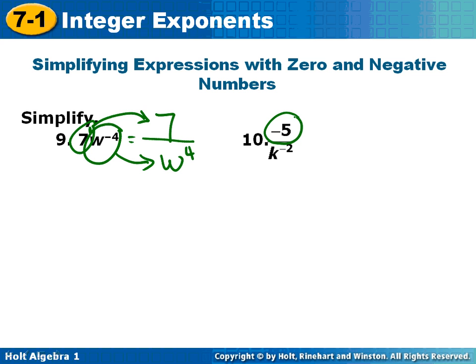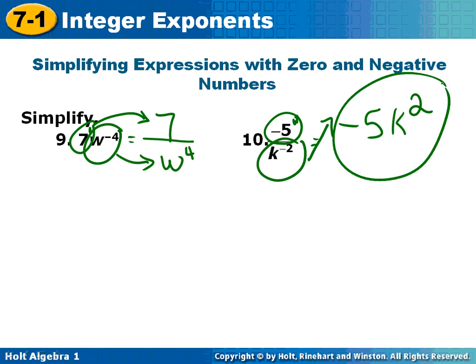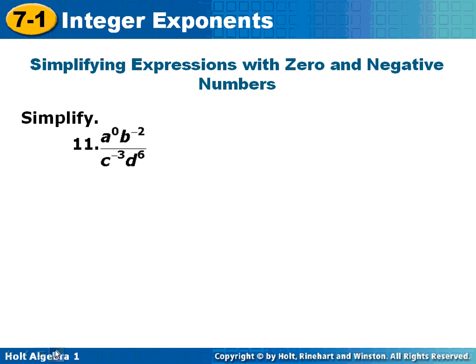This negative 5 is not a negative exponent. It's just a negative number to the positive 1 power. So, yep, you're right, it's going to stay on the top. This k is a negative exponent. Since it's in the denominator, it's going to switch to the top and turn into a positive exponent. That's the end.